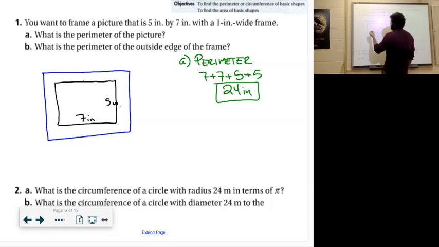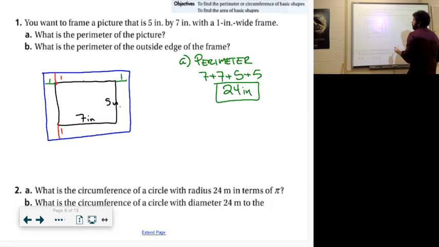The frame's border, right? The width of the frame here is 1 inch. So that's 1 inch right there, and then there's 1 inch right here, okay? But alternatively, we also have the direction this way, right? This is 1 inch, and this is 1 inch as well, and that holds true for the other side as well.